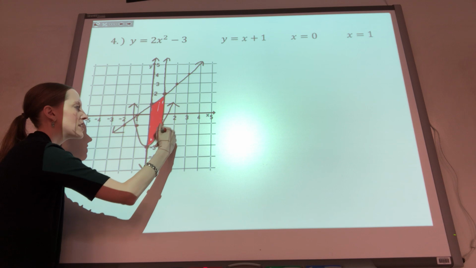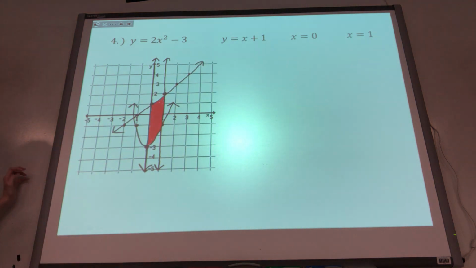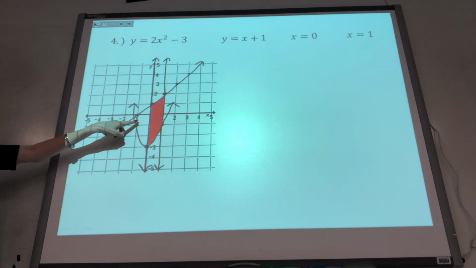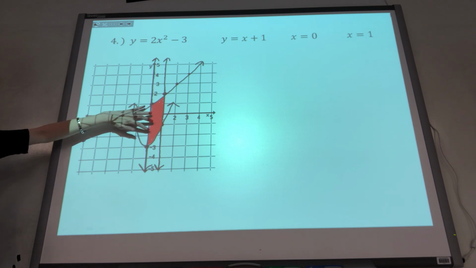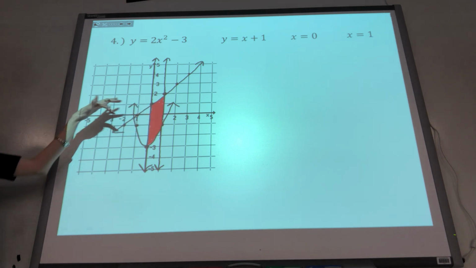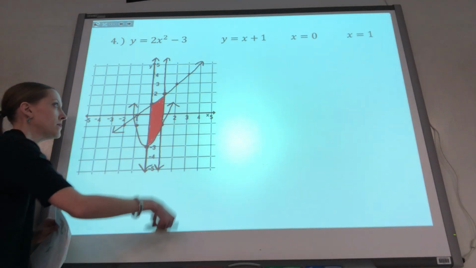The bounded region has to touch all of the functions that are listed. This kind of looked like a bounded region too, but if you used that, it wouldn't be touching the x equals 1. It wouldn't even matter that x equals 1 is up there. So it just has to touch all 4.